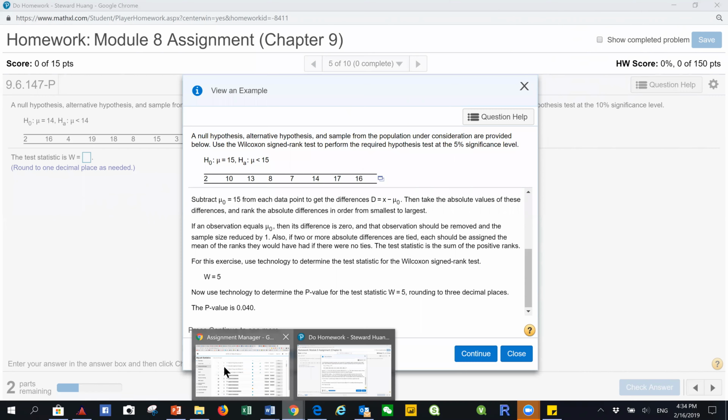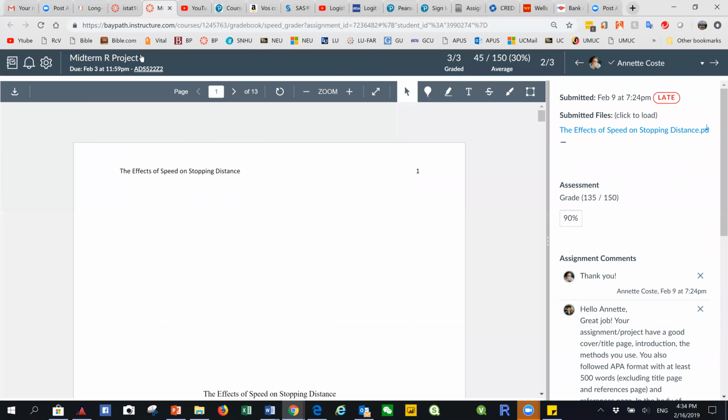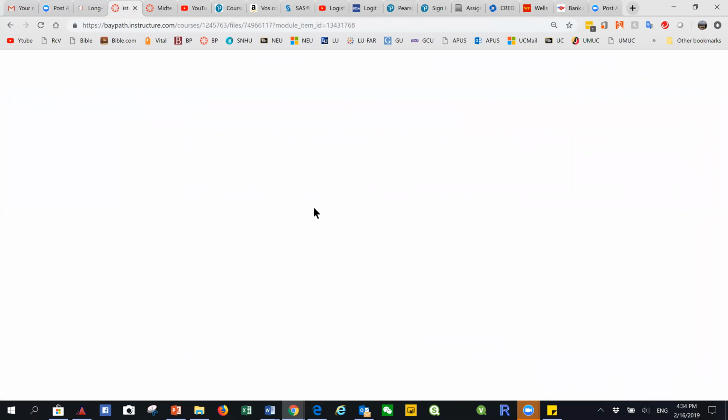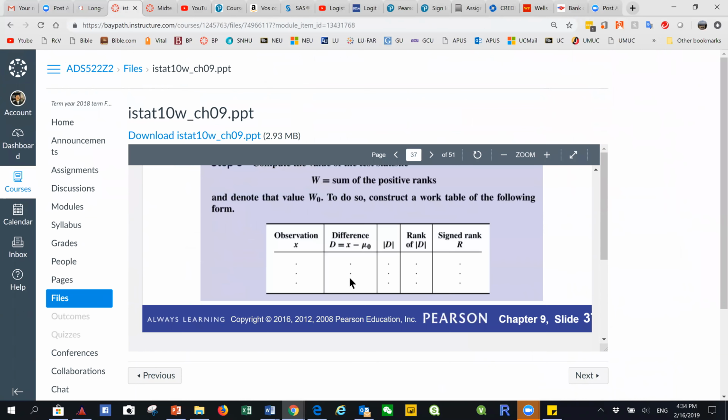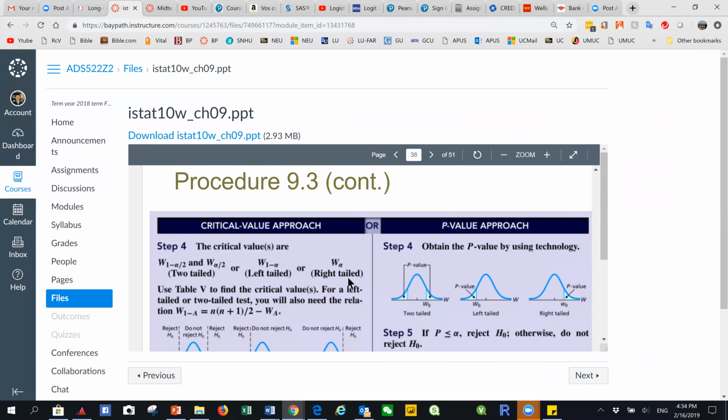Use the V table in the textbook to find the critical value. But anyway, you should be able to use the sign test.